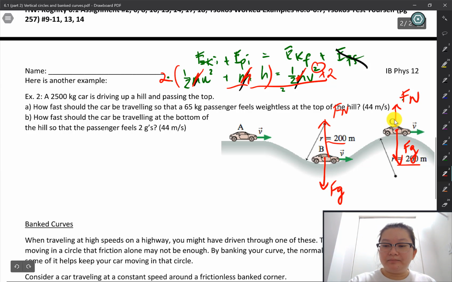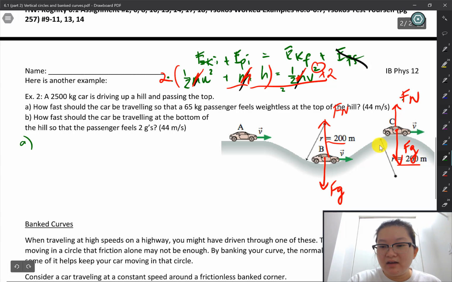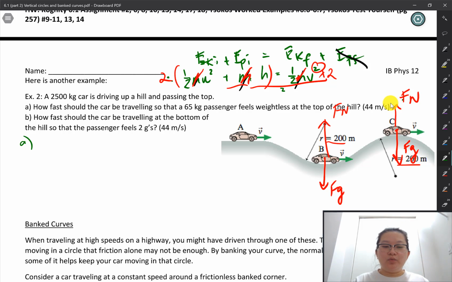We will have to see, depending on what the question is asking. Starting with question A. How fast should the car be traveling so that a passenger in this car will feel weightless at the top of the circle? So that's talking about C. A person in this car is going to feel Fg and Fn due to the bottom of the seat of the car. Now, when the person feels weightless, what does that mean for Fn?